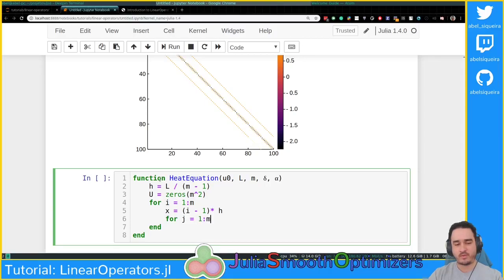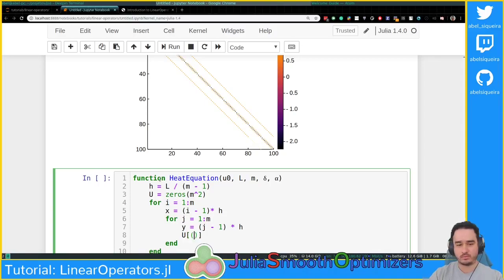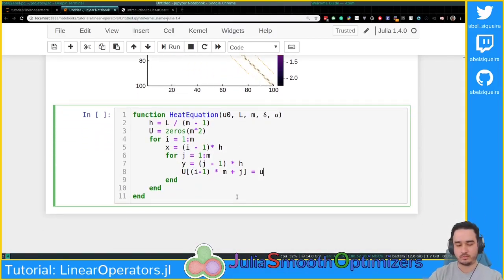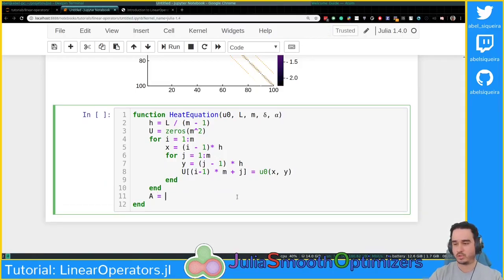And here I'm defining what happens in the starting values, only that. So we can start our simulation.